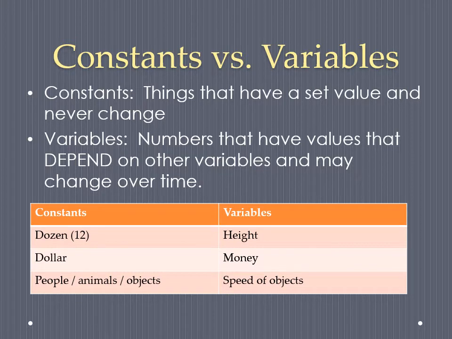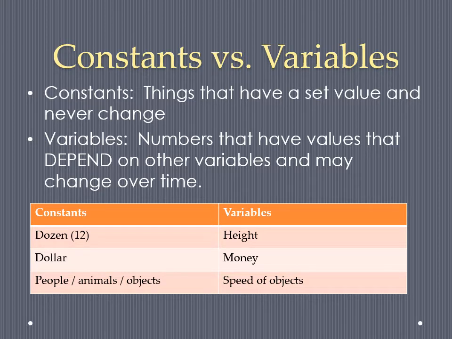So for example, when I say dozen, everybody knows that I'm always talking about 12, whether I'm here or in Zanzibar or anywhere, which means that dozen is a constant. People and animals and objects are also constant because they don't depend on other things. They just are. Nouns, for example, they just are what they are.